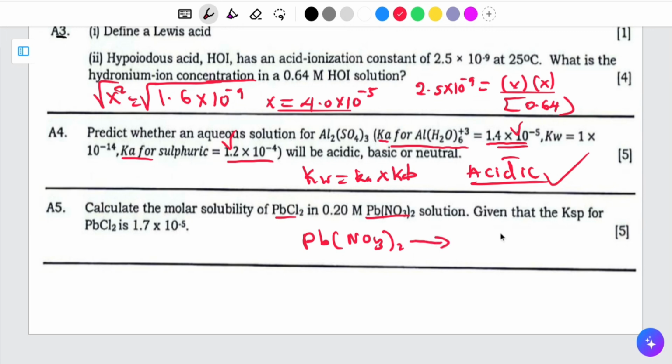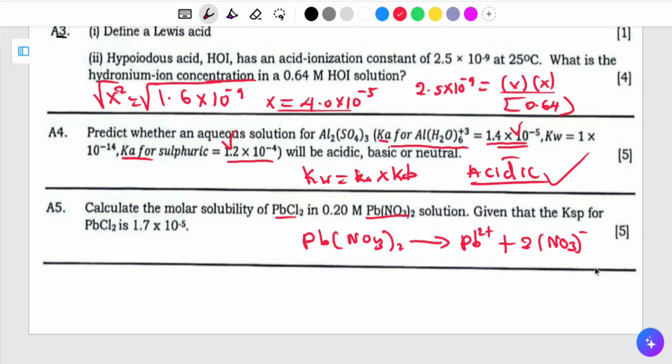We're going to have lead 2 plus, then, since here we have 2 moles, I need to put 2, nitrate, with a negative charge. So this is what we have.